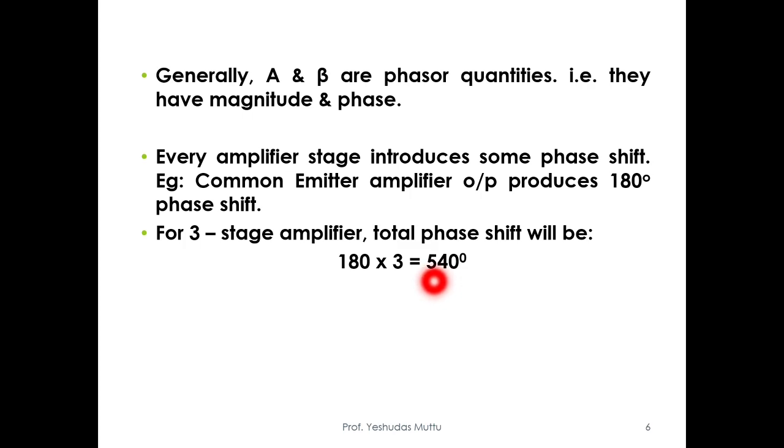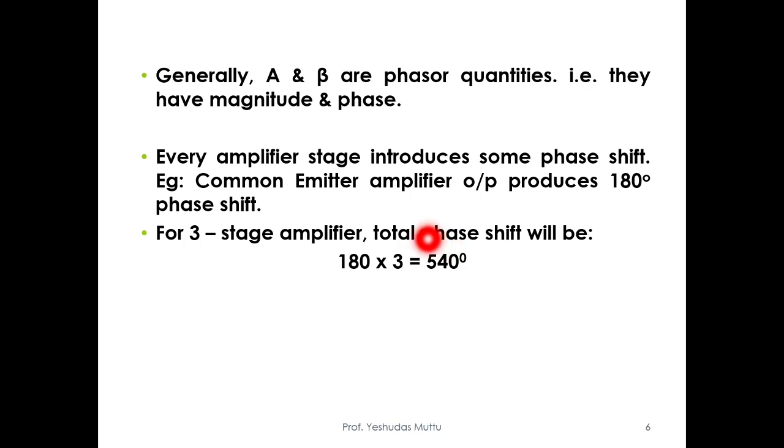On the unit circle, 540 means it is 180, another 180, so it becomes 360. What is 360 degrees? It comes back to 0. Then there is another 180 degrees.